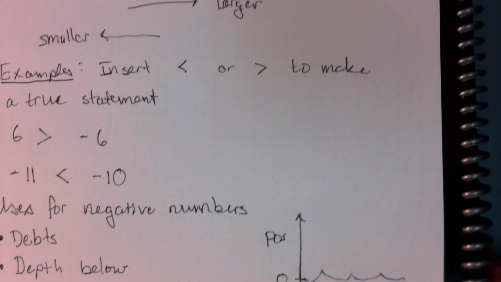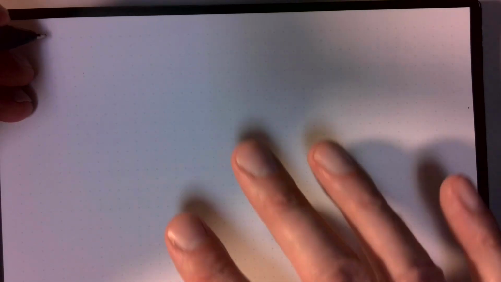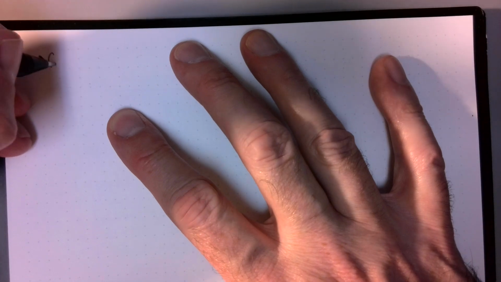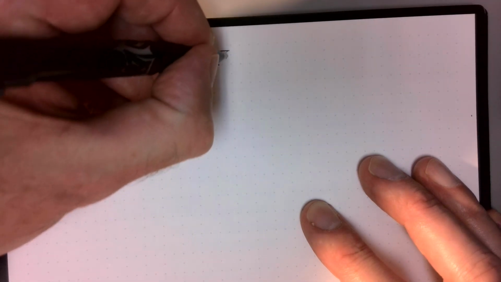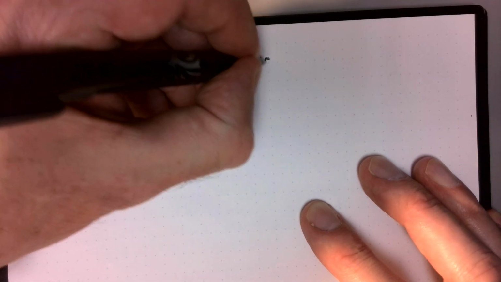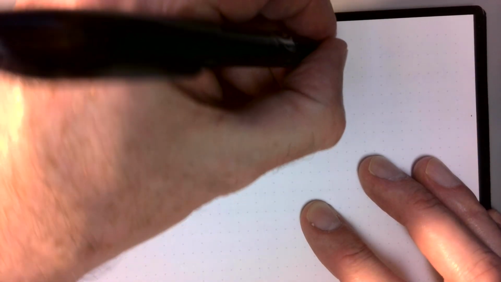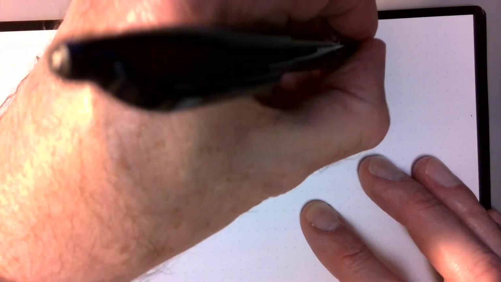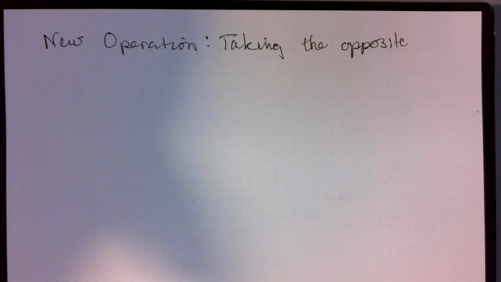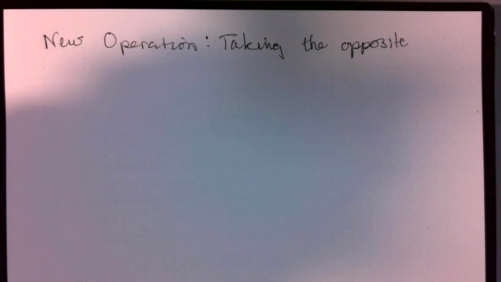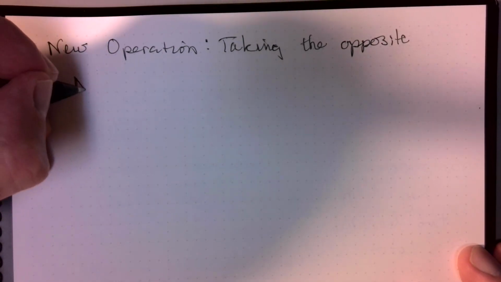And when we introduce the negative numbers, we also introduce a new operation. That operation is taking the opposite. We already had 4 operations that we could do with numbers: addition, subtraction, multiplication, and division. Now we have a new one, taking the opposite. So let's look at a couple of examples.